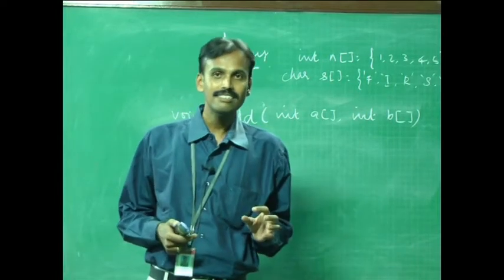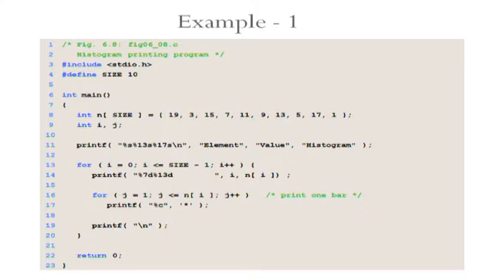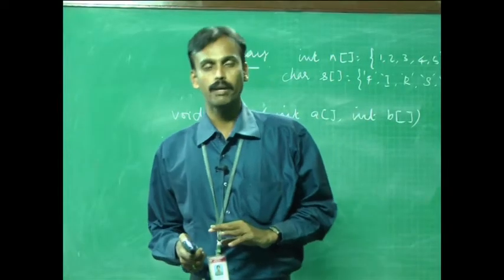The idea behind this is that we print as many asterisks as the value contained in that particular array location, and for every value printed from the array, I print a new line character, so that for the next value I go to a new line.